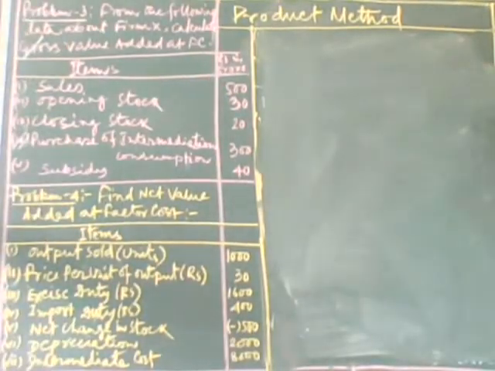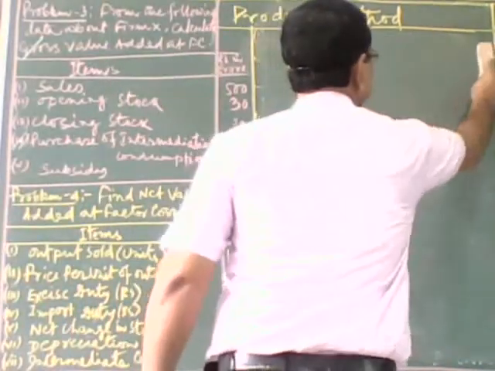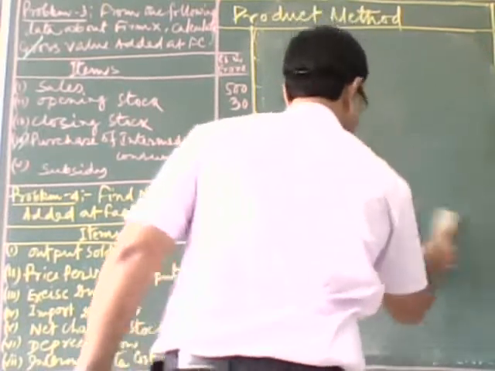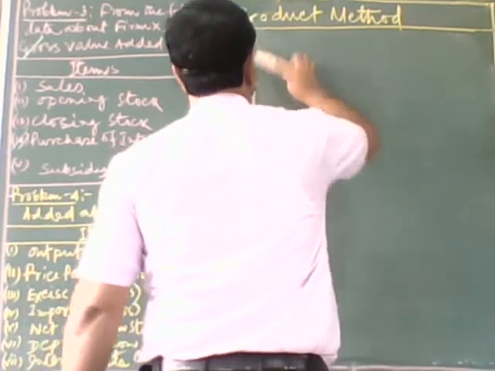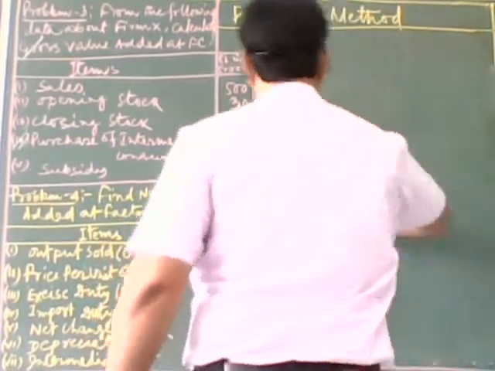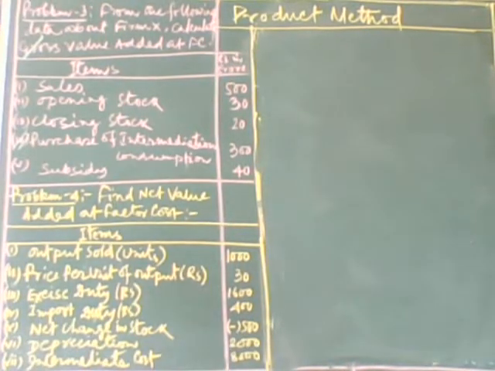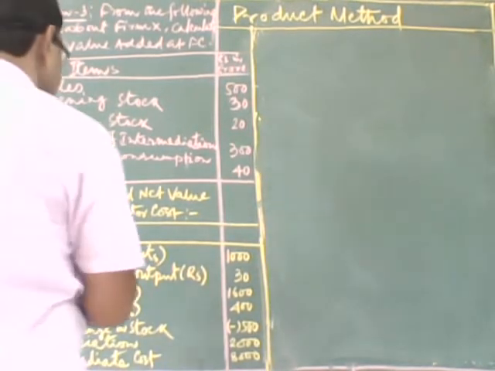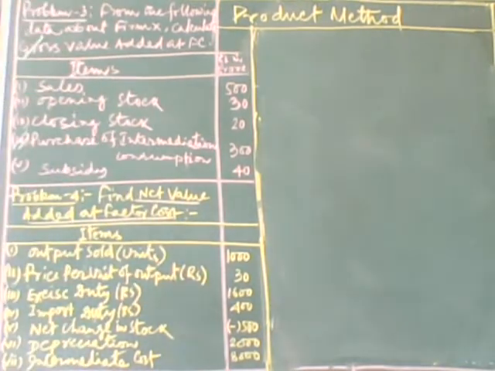Problem number 4, that is find net value added at factor cost from the following information.